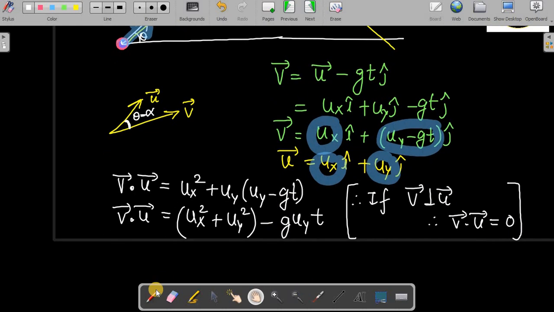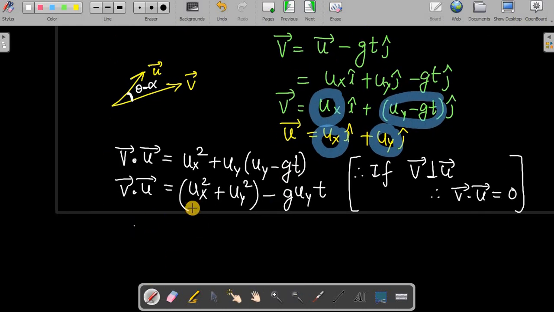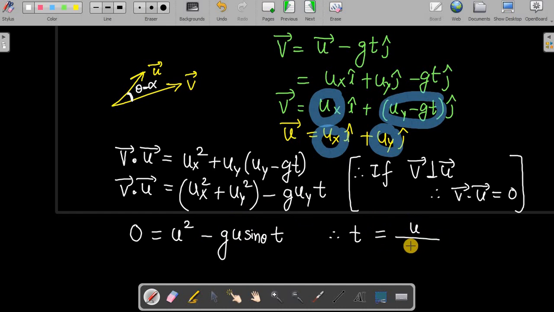What do we get? This must be 0, and ux square plus uy square is initial velocity square, minus g into uy t. Uy can also be written as u sin theta. So you can calculate the time from here. One u will get cancelled, and you will get t equals u by g sin theta.